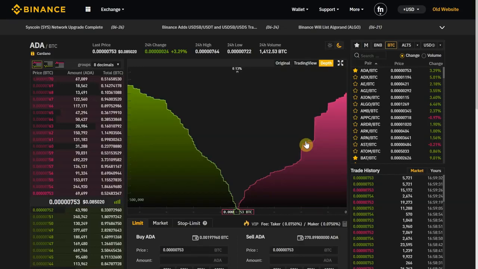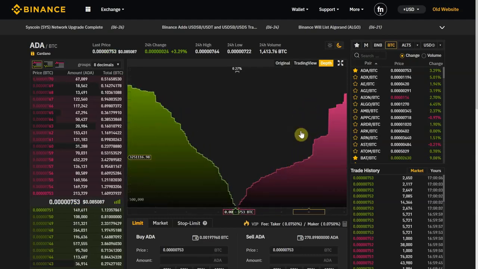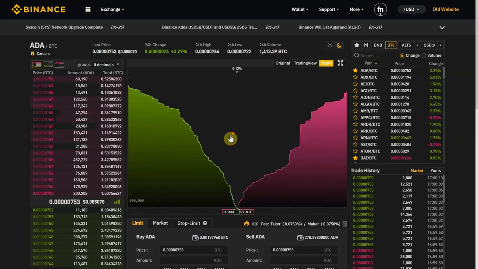Okay, so if I wanted to make things smoother, or make my order fill a little before some of the volume here, I would simply move it a little bit lower, and I wouldn't have to wait for this section here to be cleared. Okay, can be confusing. I think it's pretty easy once you get a hold of what's a bid and what's an ask. Okay, so this is the order book.